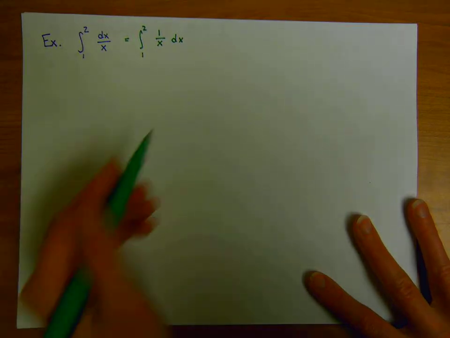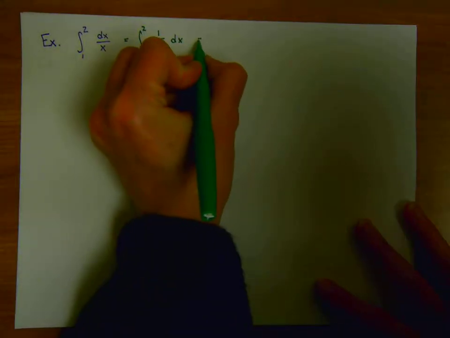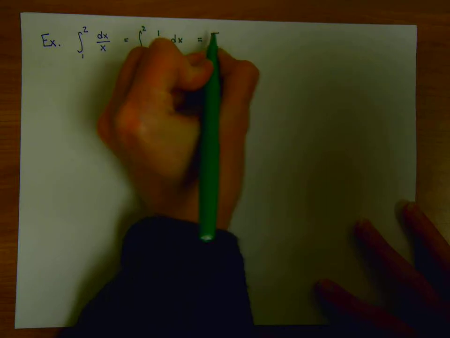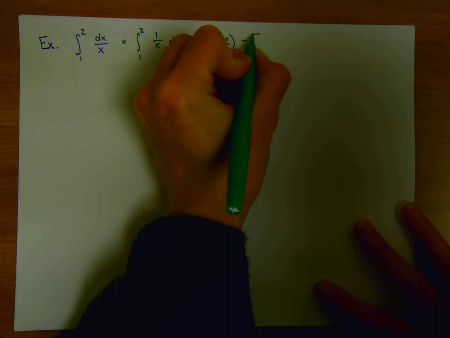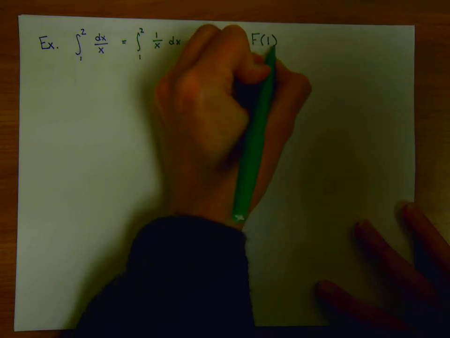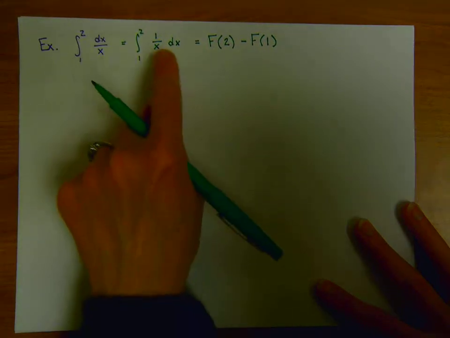So again, I think to myself, oh, I just need to apply the fundamental theorem of calculus. This is the same thing as my upper bound minus my lower bound of some function F, and I need to figure out, well, what is that antiderivative function?